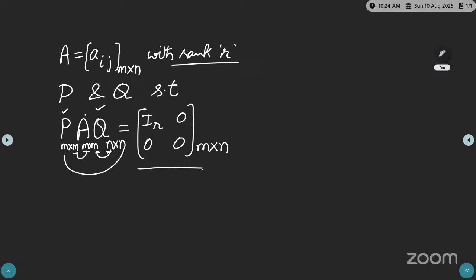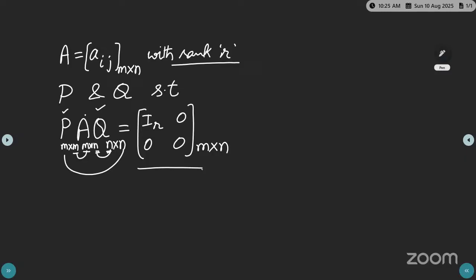In the exam, if we are given any matrix, by finding the rank you may write the normal form.